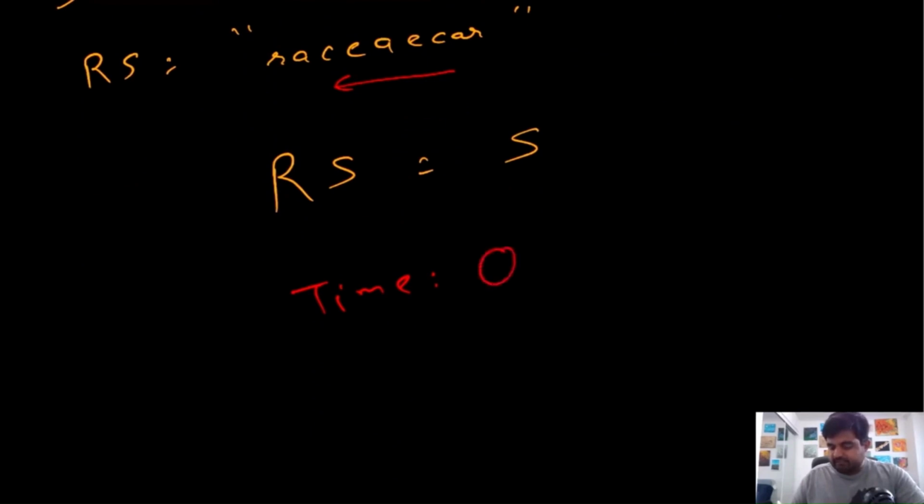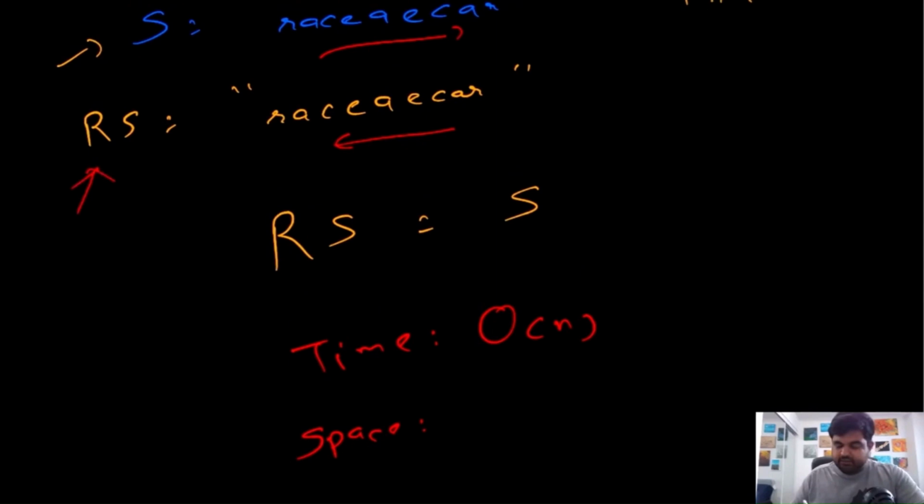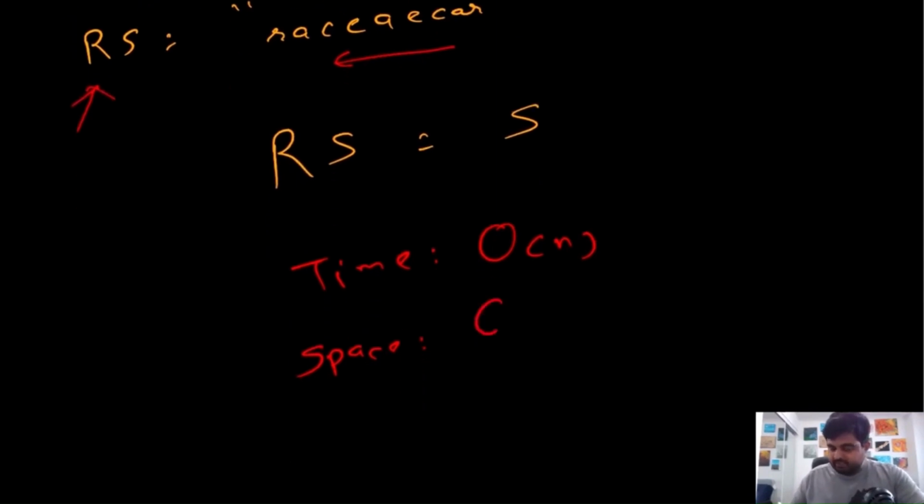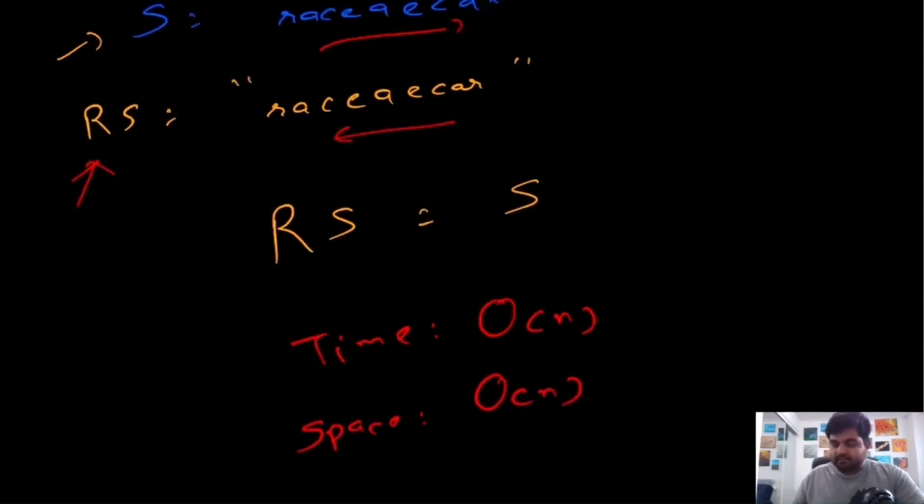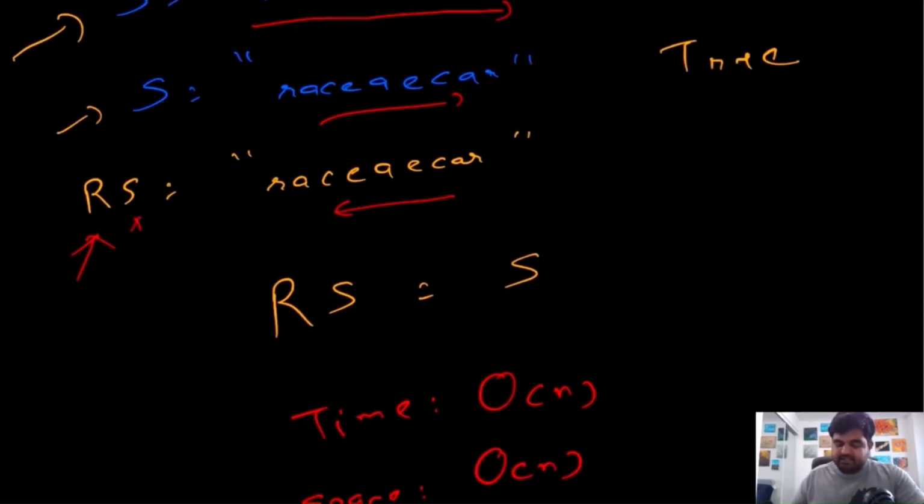Basically we are doing big O of n work, but actually like big O of 2 times n work. In terms of space complexity, because we are creating this new reversed string, we are also consuming some space. So the space complexity is also going to be big O of n, where n is the number of characters in the given string.